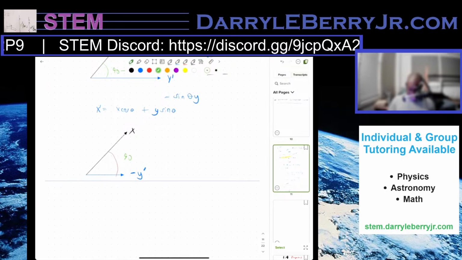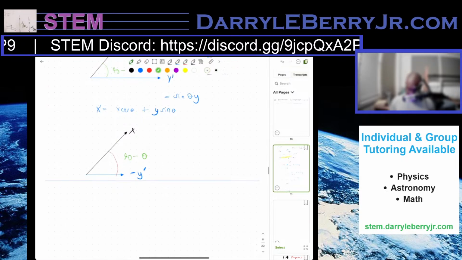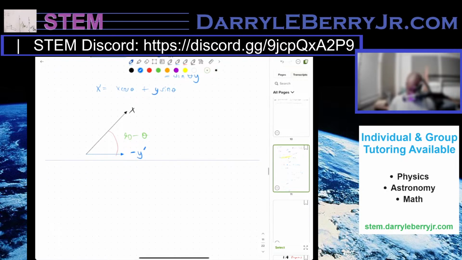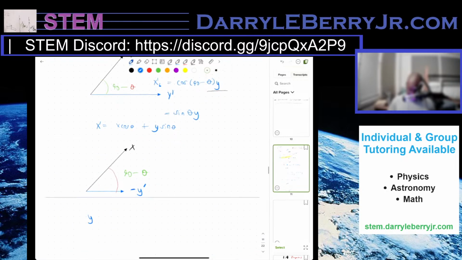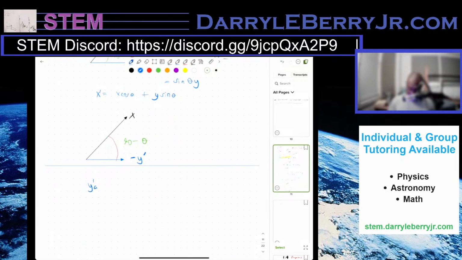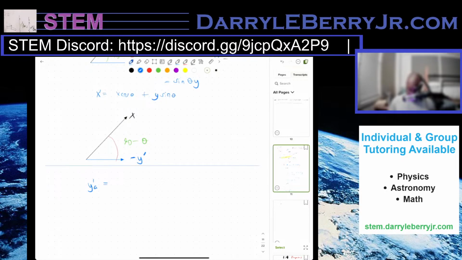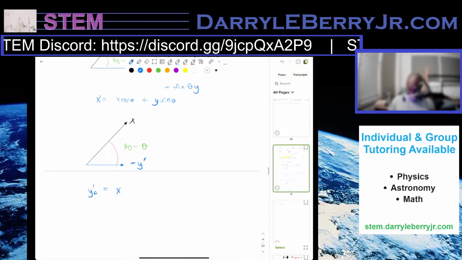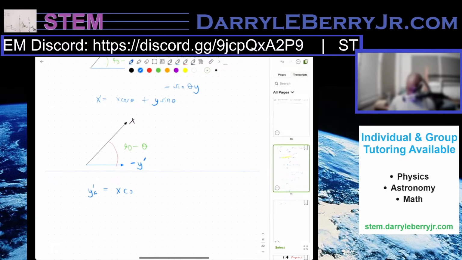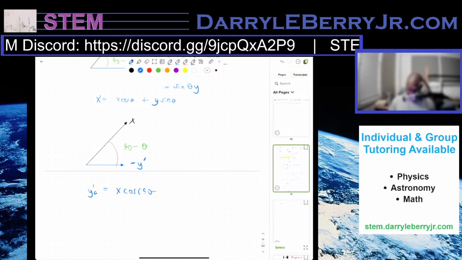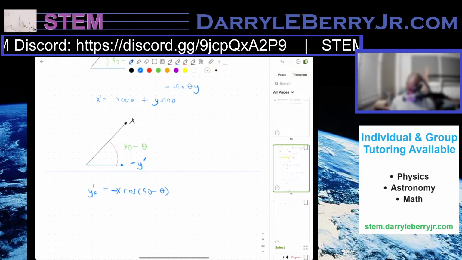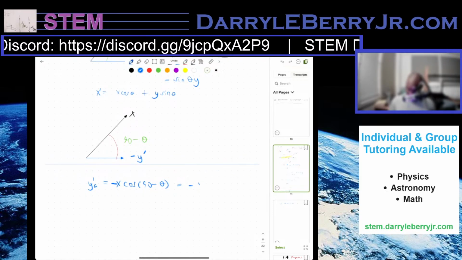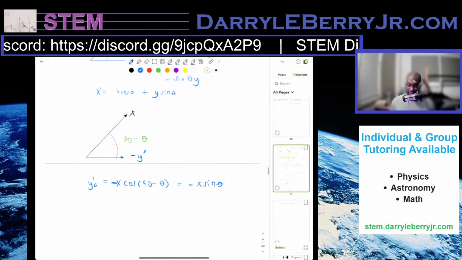This angle is 90 minus theta. So now we have the y prime, the a part of it, equals the x value, whatever the x value is, cosine 90 minus theta. That's the negative y prime. So that's negative x sine theta for the first part.